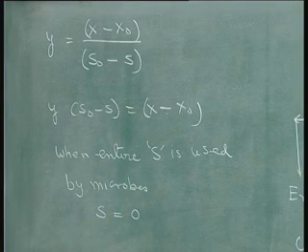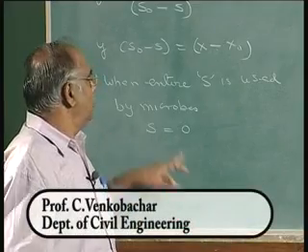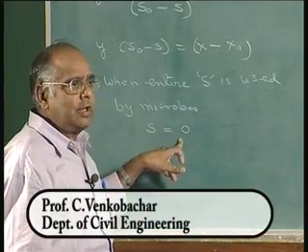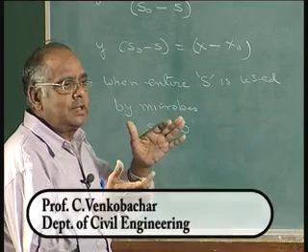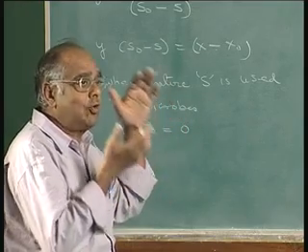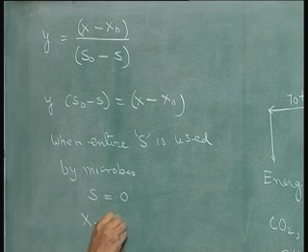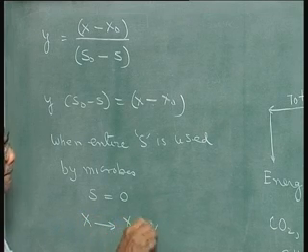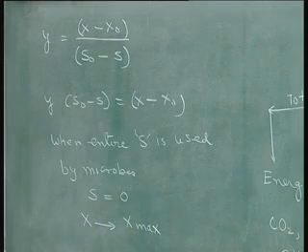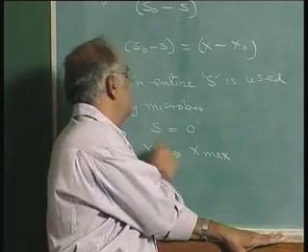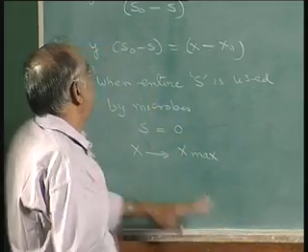S is completely consumed. When the entire food has been consumed, what is the concentration of microorganisms produced at that time? That x will take a value of x max. That means the maximum concentration of microorganisms is produced when the entire food is utilized by the microorganisms.